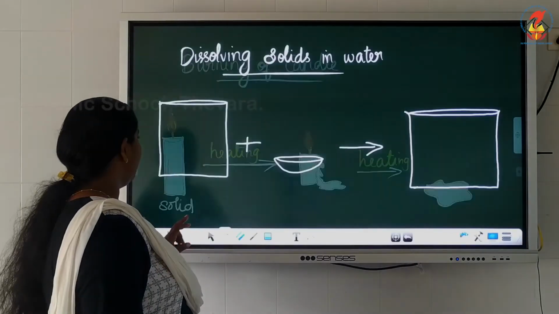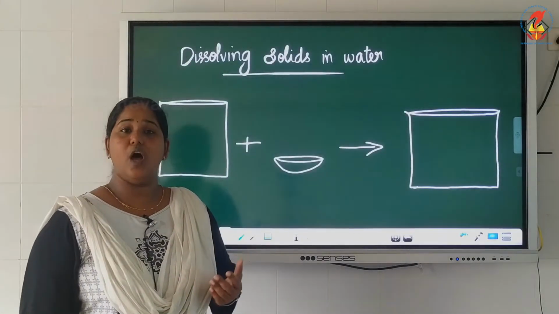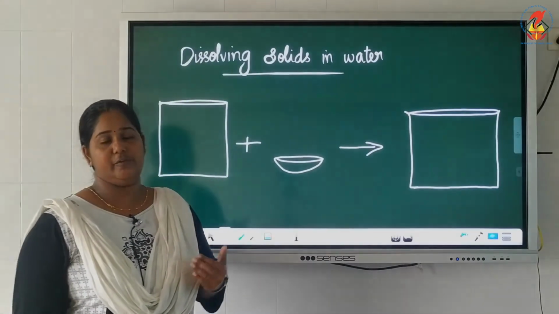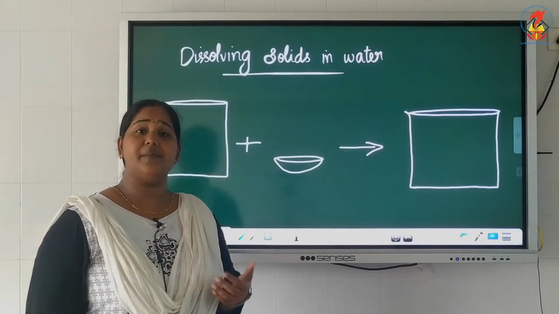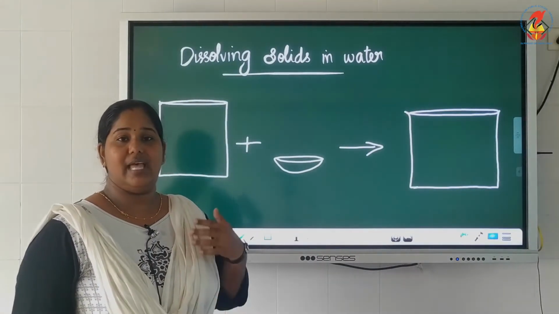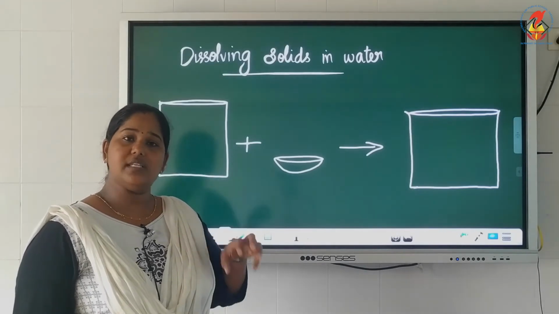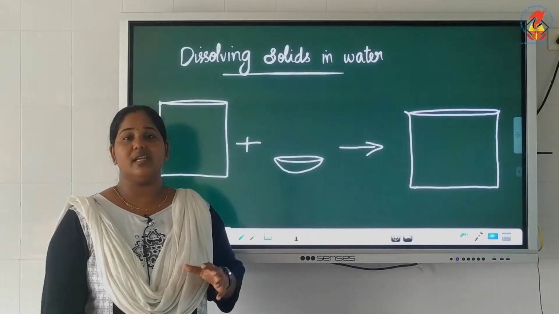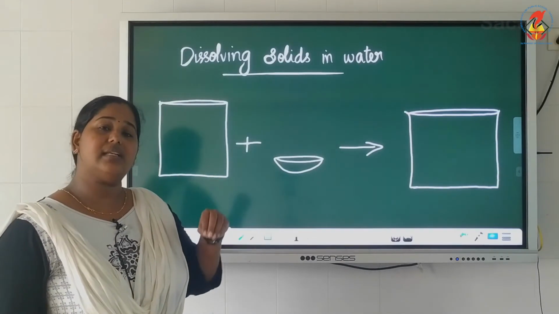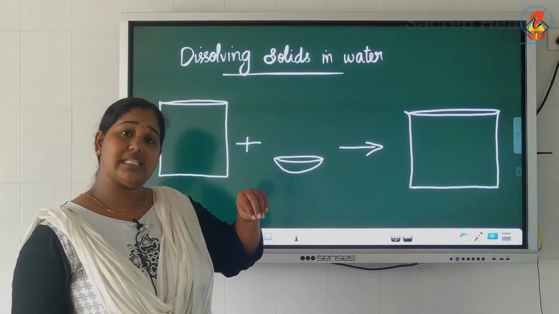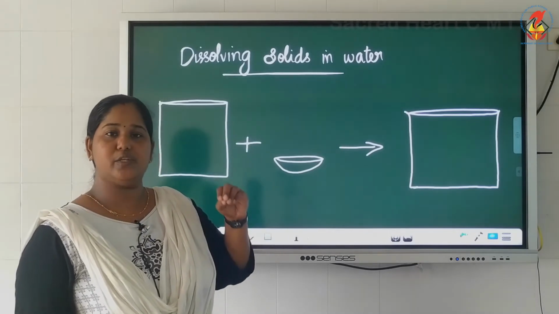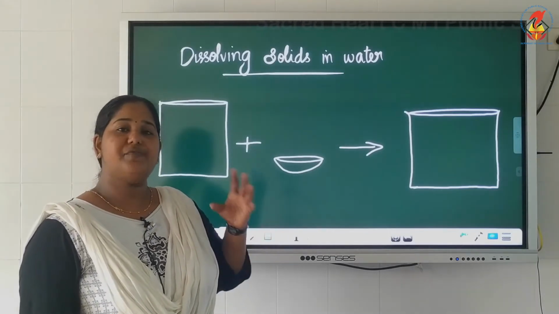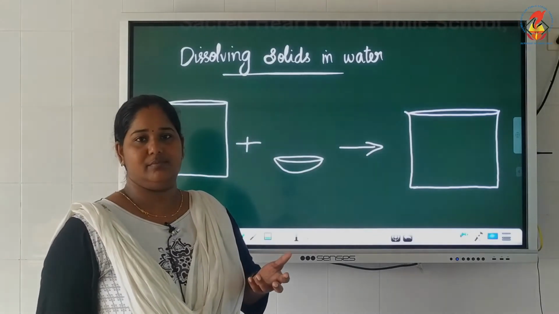Now we have a different topic, dissolving solids in water. We all dissolve different types of solids in water. For example, sugar, salt, they are all solids that are mixed with water. And it is very interesting to note that when you start adding or start stirring that water containing sugar or salt, after some time we will not be able to see it.